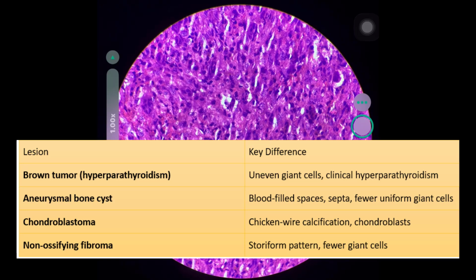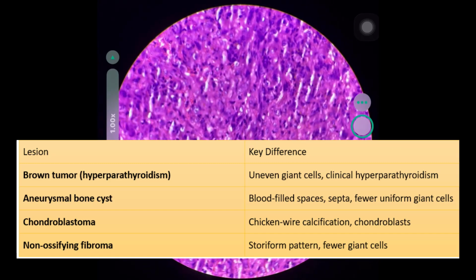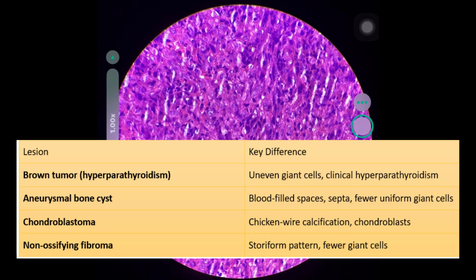Here blood-filled spaces and septa are present, and fewer uniform giant cells are present around the cystic wall. Now chondroblastoma, in which you can identify chicken wire calcification and chondroblasts.